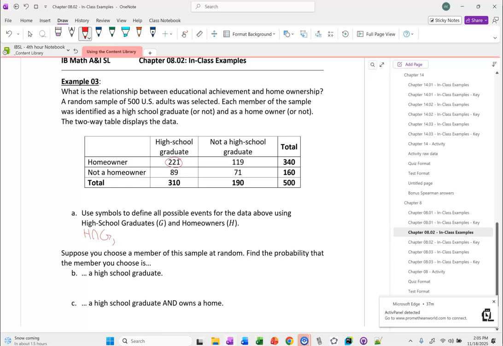H and G, or H intersect G. Agreed? Okay. What is the 119? H and not G. How about the 89? Okay, and then the 71? Not H.